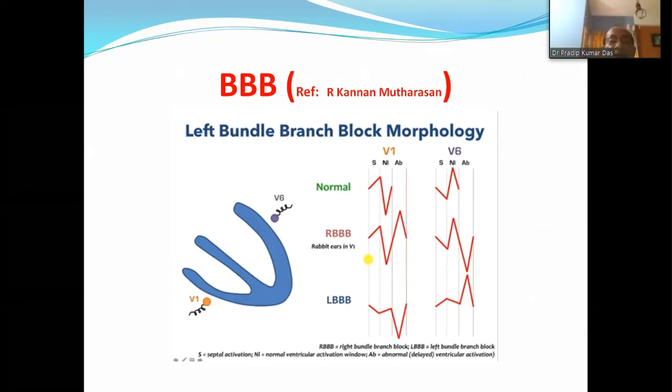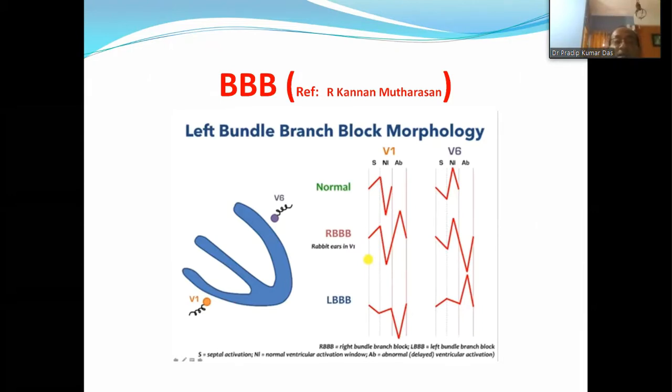And in case of left bundle branch block, the septum will be reversed. All the conduction will be reversed. The septum will be depolarized from right to left, so it is inverted in left bundle branch block.